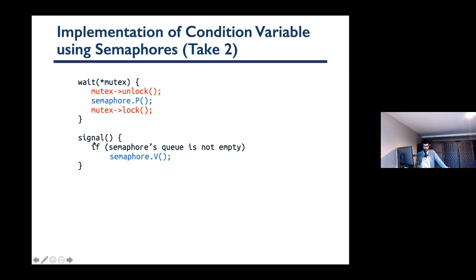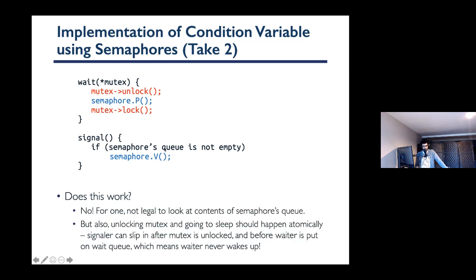Semaphores have only two operations, P and V. We cannot get any other operations done on a semaphore, so we cannot see who is waiting inside the semaphore. There is no interface for us to do that. So first of all, there's an implementation issue. We cannot do this.